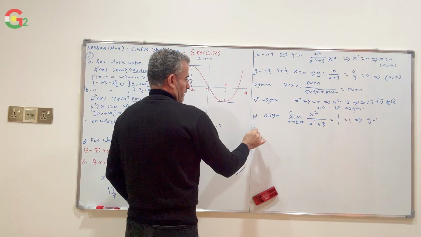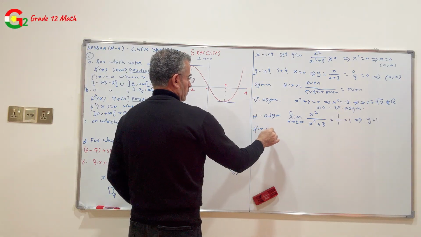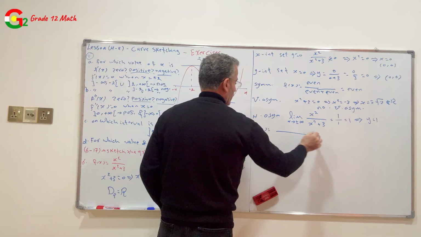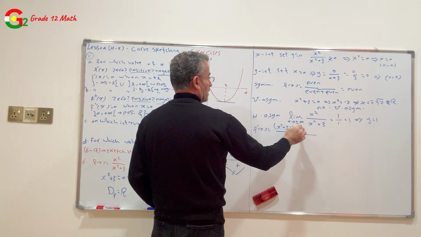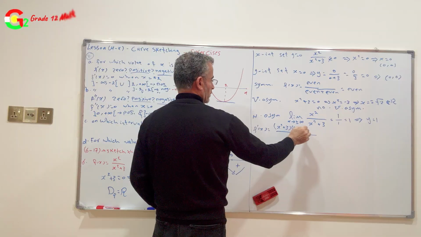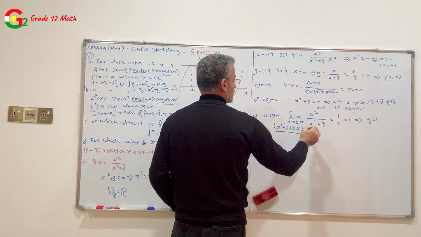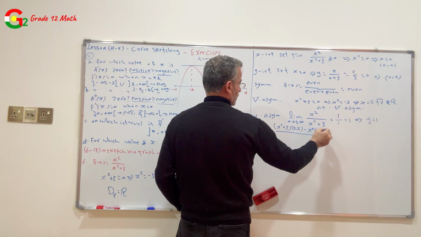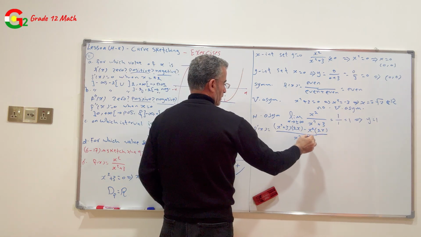Find the intervals of increasing and decreasing of this function. f prime of x equals the denominator x power 2 plus 3 times the derivative of the numerator 2x, minus the numerator x power 2 times the derivative of the denominator 2x, over the denominator squared.